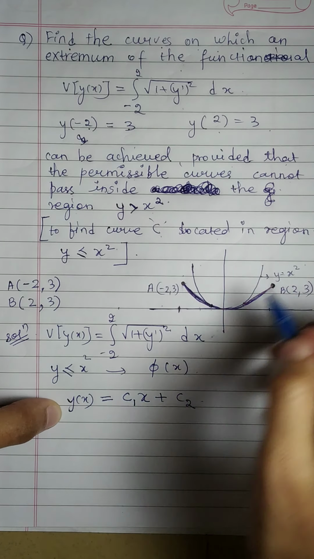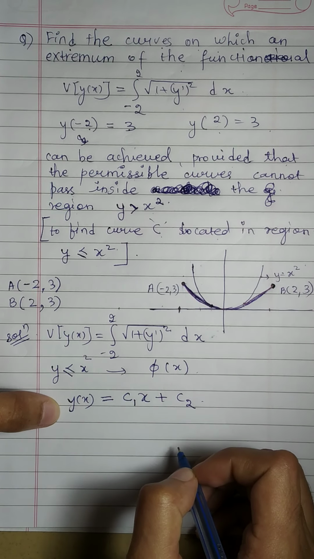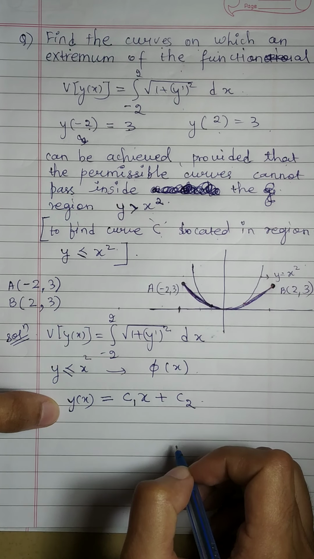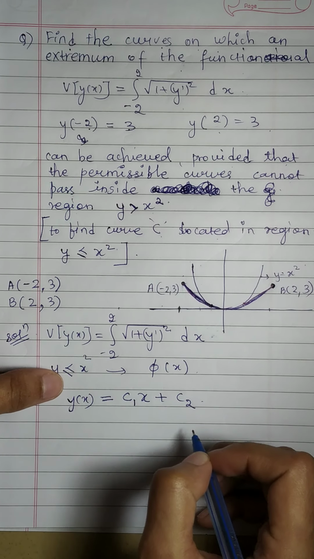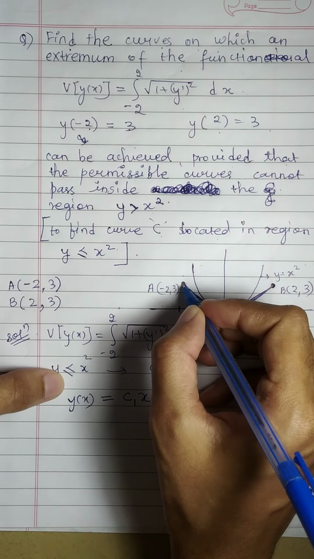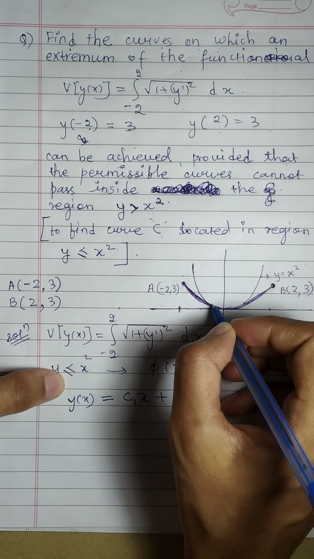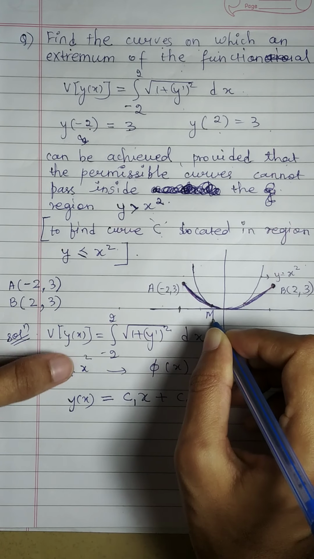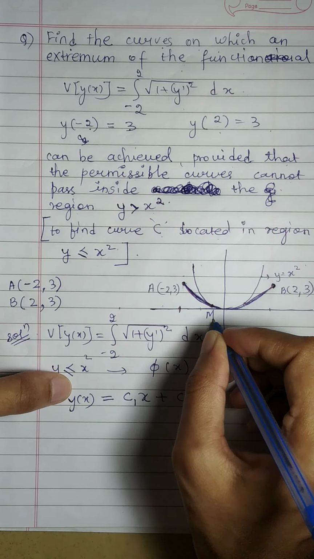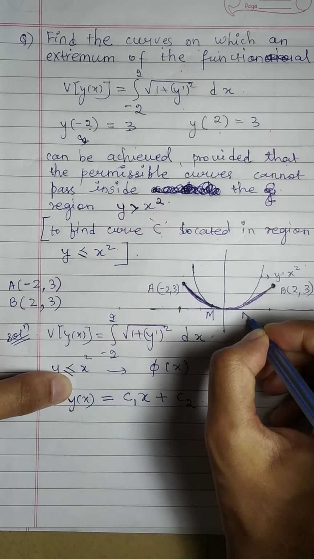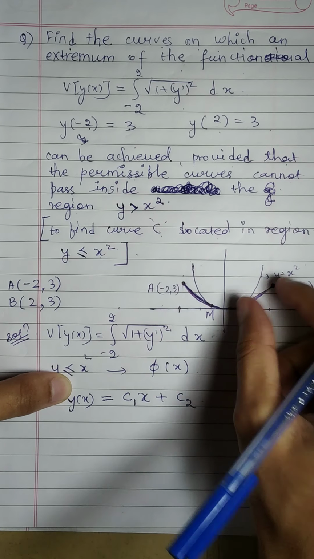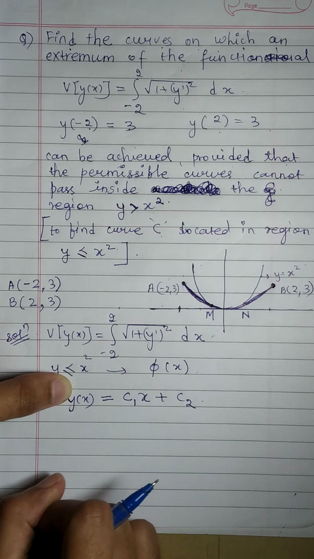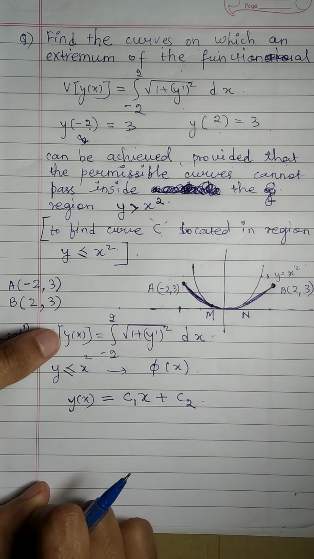Notice that the extremals will consist of the portions of straight lines A to, suppose say, M, and the line NB. These are the portions of the straight line which will be a part of the extremal.